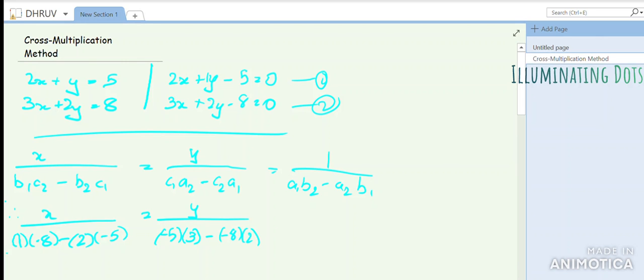Now the third part, 1 upon a1 b2, which is 2 into 2, minus a2 b1, which is 3 into 1. So we have this here, we simplify it further.